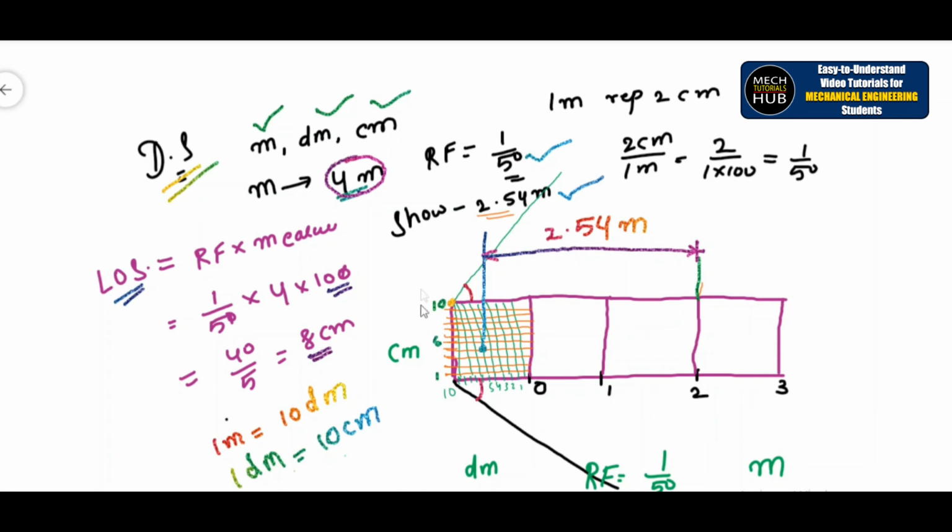Then finally they are asking to show 2.54 meters on this particular scale, which we can read easily. Now you can read 2.54 or 3.58 or 1.63, any other dimension can be shown on this particular scale, but not beyond 4 meters. Up to 3 meters and below that can be shown easily. This is how a diagonal scale is shown.